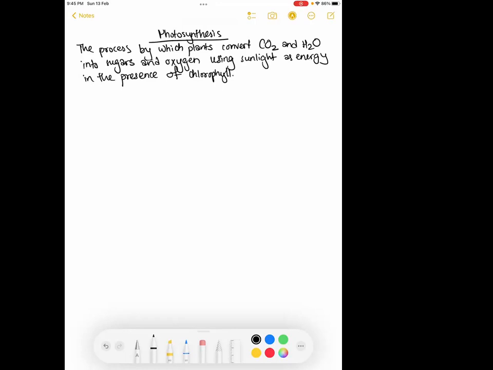Okay, so let's write down the equation for photosynthesis, which is simply the reverse of respiration.